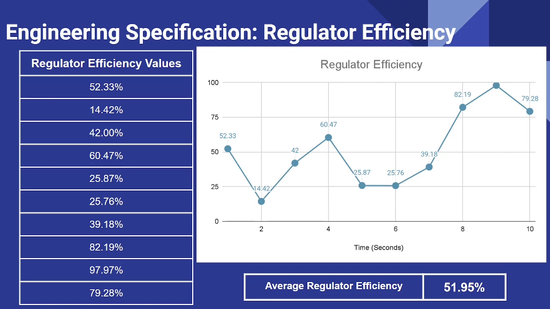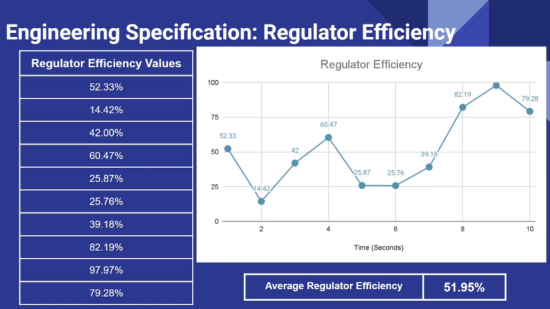We got the values on the left from the specification demo video and graphed it to show the efficiency trend. So the efficiency we were aiming for was about 50% or more according to our engineering table. By taking the average of all these values, we find that the regulator efficiency is 51.95%. So even without having our mechanical parts, we've met our projected requirement.